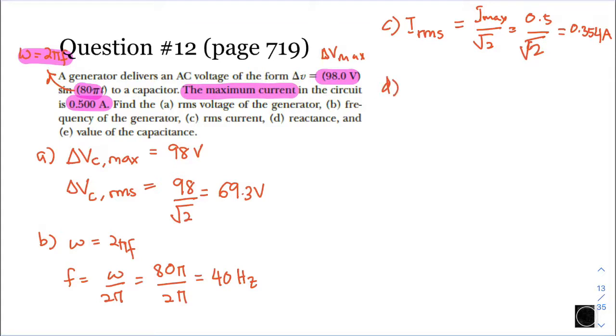Then part D is requesting reactance. Reactance is XC for the capacitor.